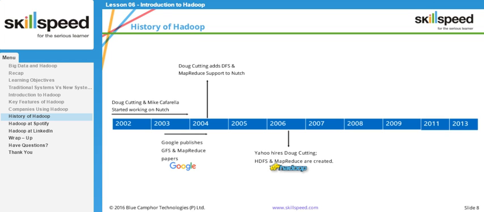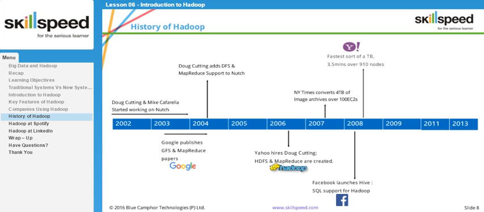Once Hadoop was born, immediately after that, Yahoo hired Doug Cutting, and HDFS and MapReduce were created. The first version of Hadoop got released in 2005-2006. After that, in 2007, the New York Times used Hadoop to convert some of their image archives. In 2008, Facebook launched a tool called Hive.